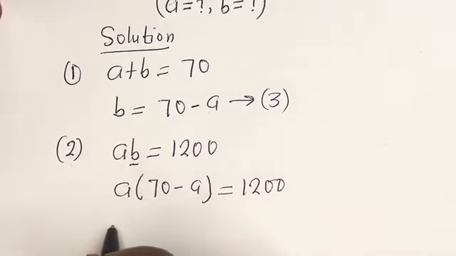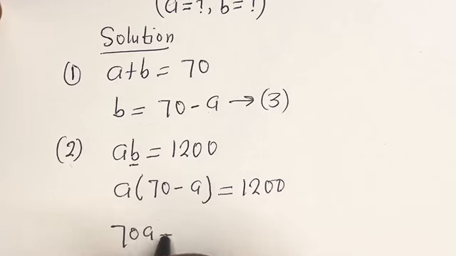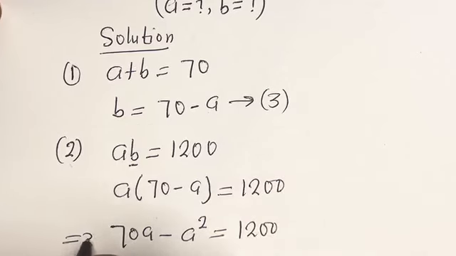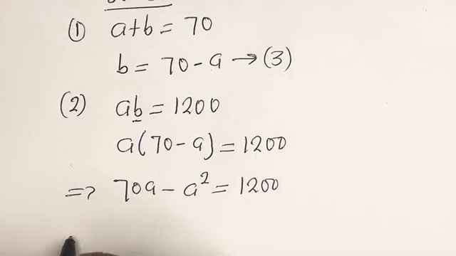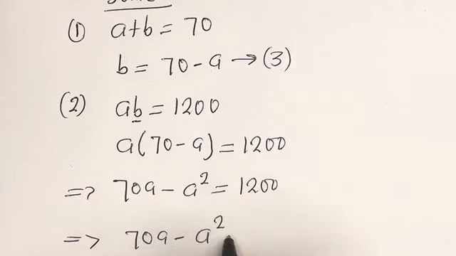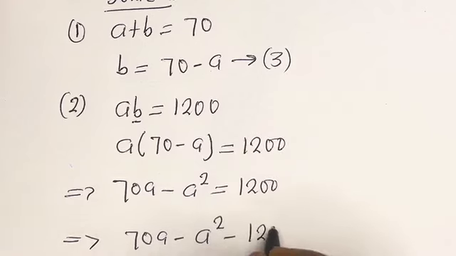A multiplied by 70 is 70A, minus A multiplied by A is A square, equal to 1200. And this is 70A minus A square minus 1200 is equal to 0.